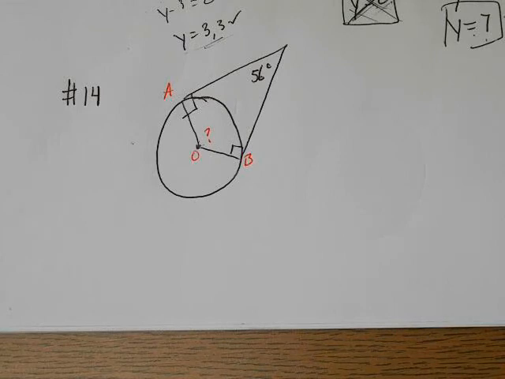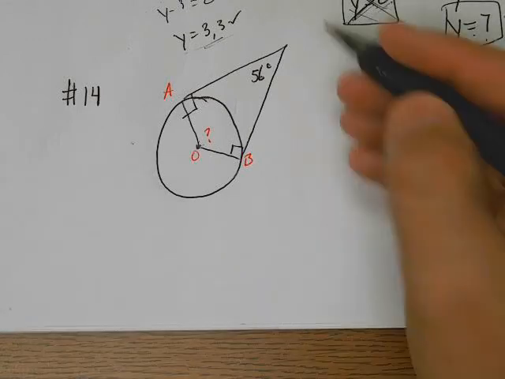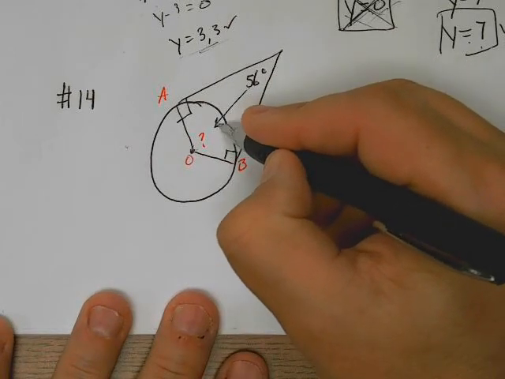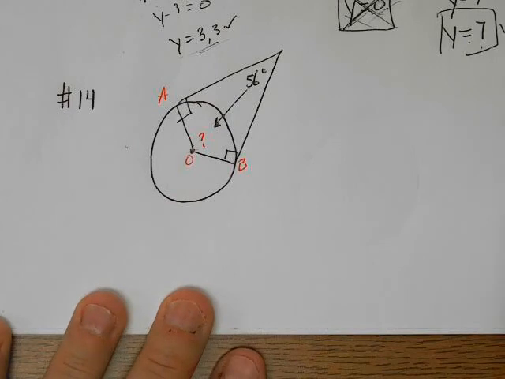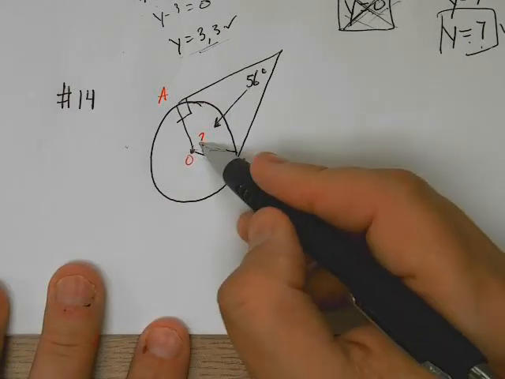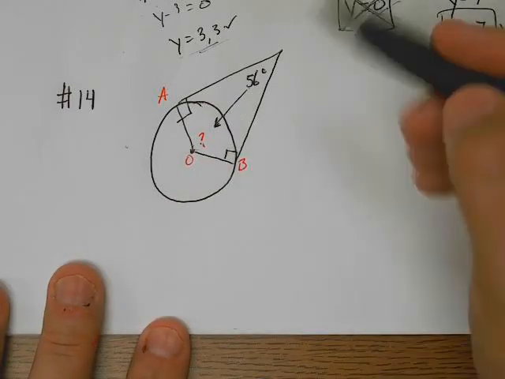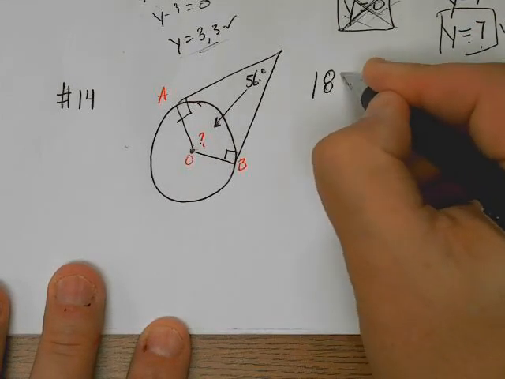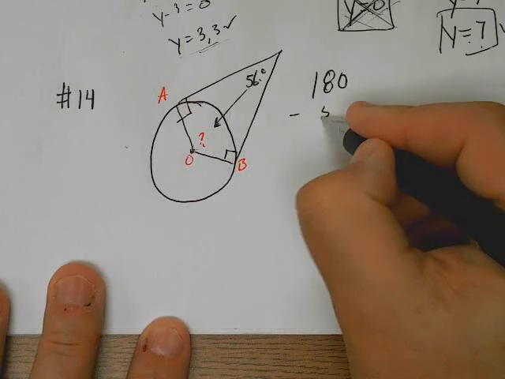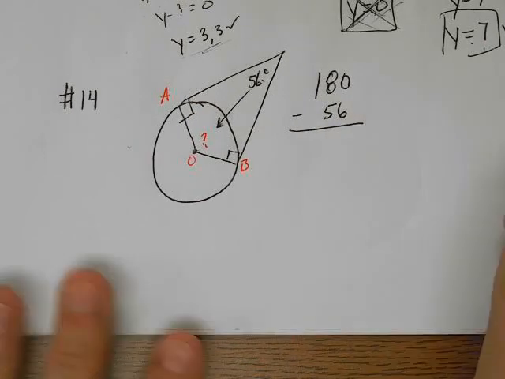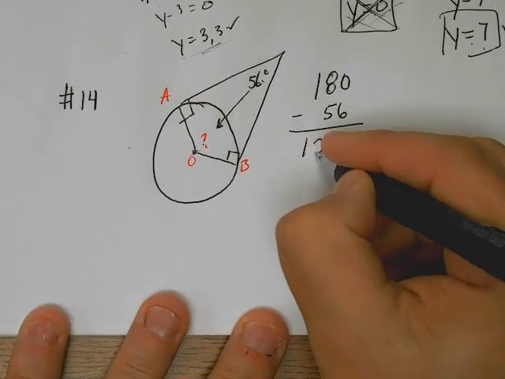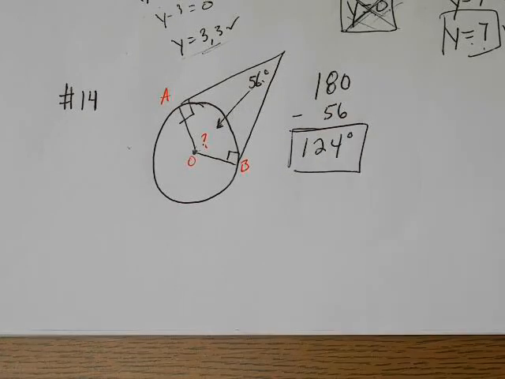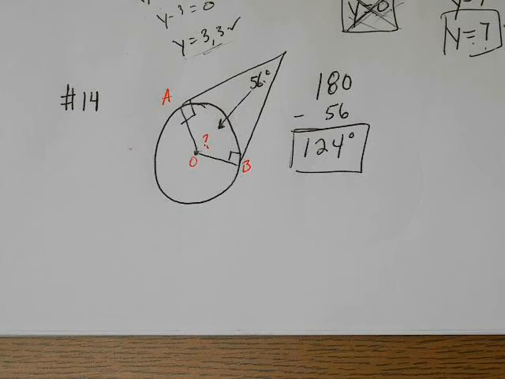Center, AOB? Okay. Well, we just learned that this angle and this angle are supplementary. So the central angle where the question mark is, and this angle out here, they're supplementary. That means their sum is equal to 180. So all I have to really do is take 180 minus 56 and get 124 degrees.